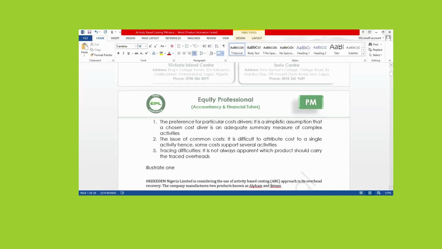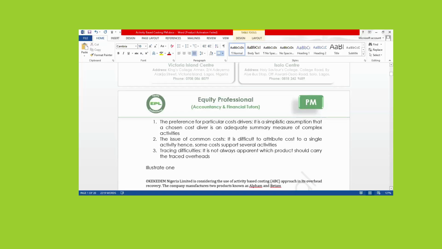Number 2, limitation. The issue of common cost. Where a cost is incurred that is common to all the products. Like some companies, they have a staff bus.